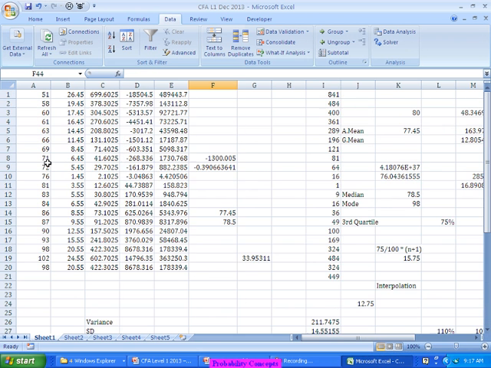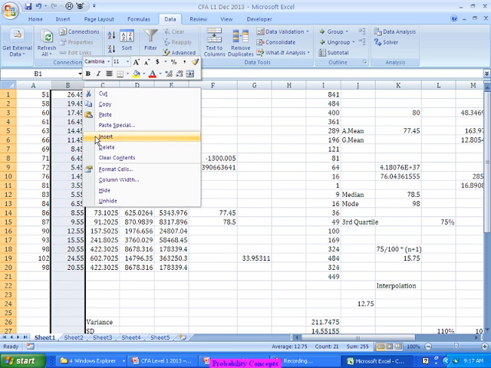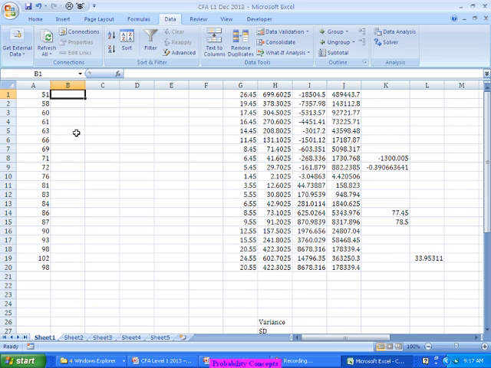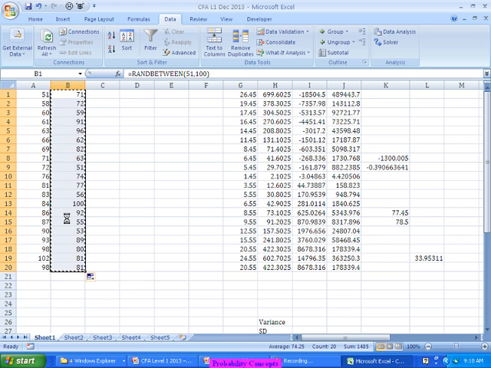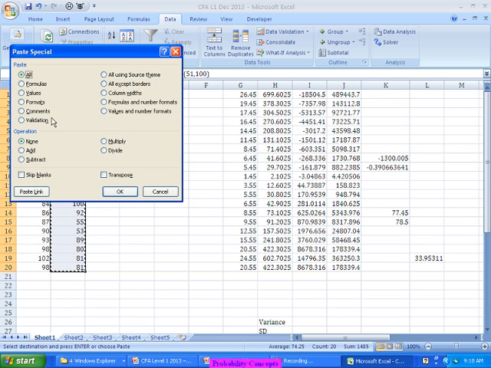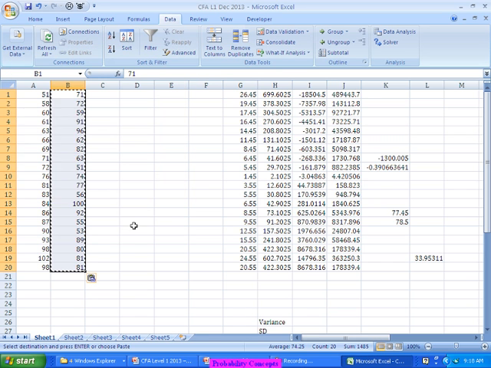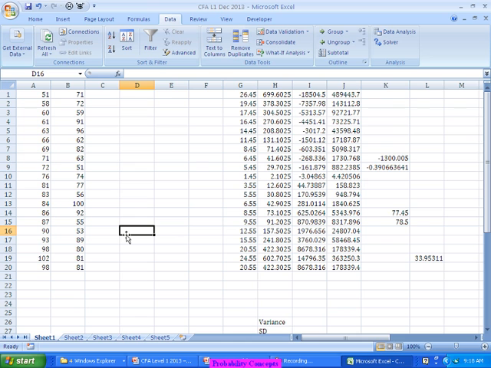Especially with data, if I have another set of data like this as a pair, and I want to see if there is any relationship between these two as a pair, what I will do is take the difference of each of these values from their mean, and correspondingly take the difference of these values from their own mean, and see if this is above the mean, is this also above the mean?